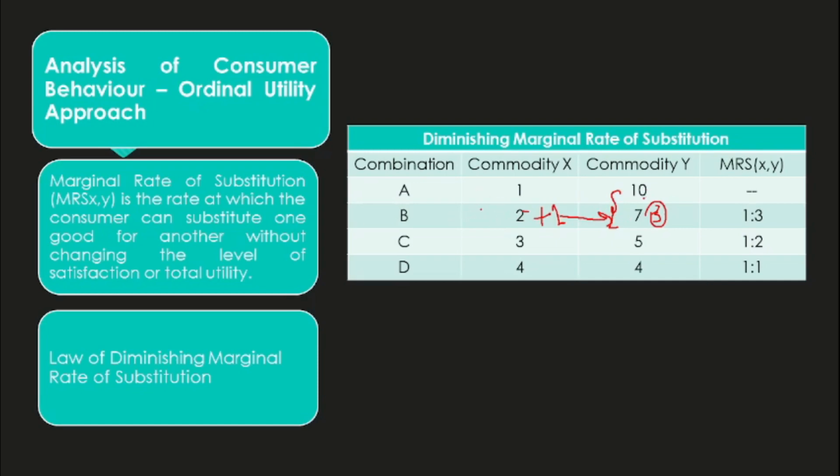So he may be ready to forego 3 units of Y to add one more unit of X.